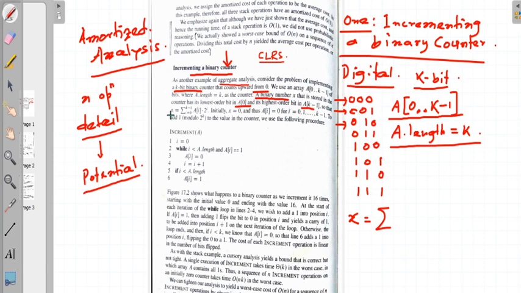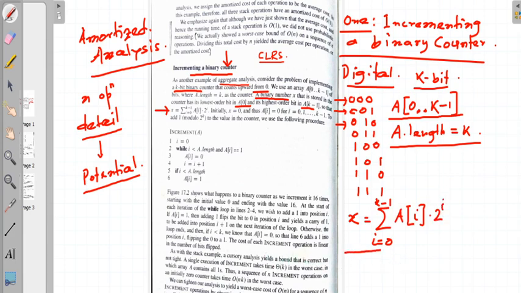So x equals 2 power 0, then 2 power 1, and then 0 times 2 power 2. This is exactly written here. Any number x we can represent as the summation for i equal to 0 to k minus 1 of A[i] times 2 power i.